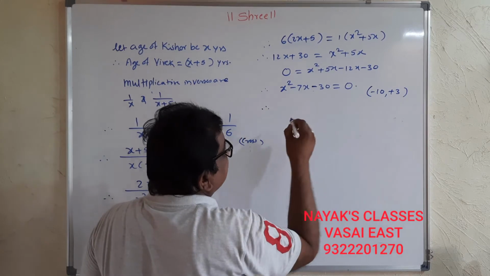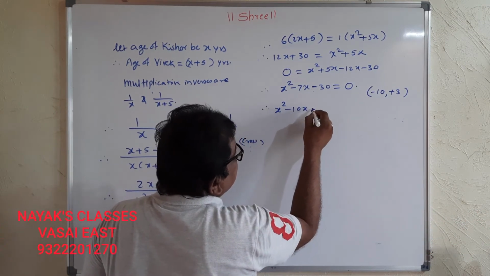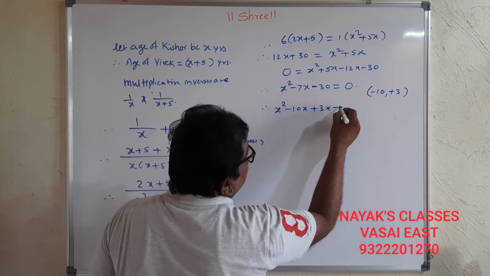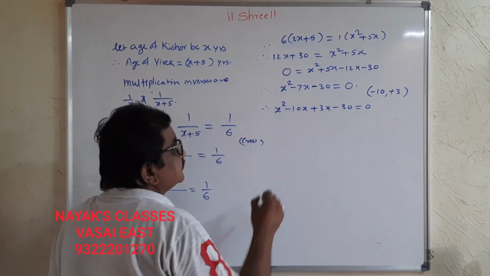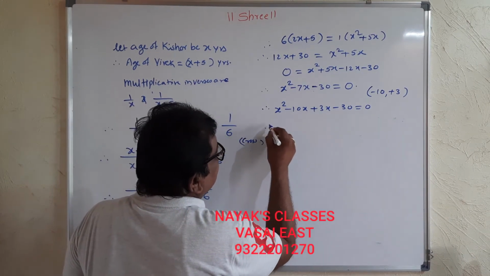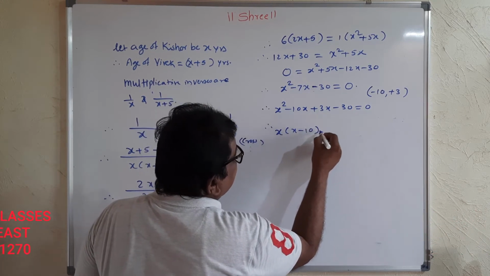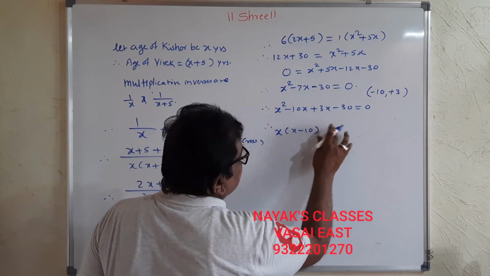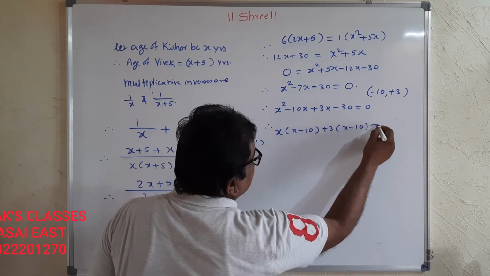Using these numbers, x square minus 10x plus 3x minus 30 is equal to 0. Therefore, taking out the commons, x into bracket x minus 10 plus 3 into bracket x minus 10 is equal to 0.